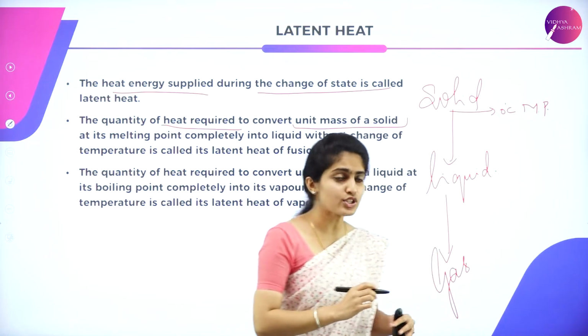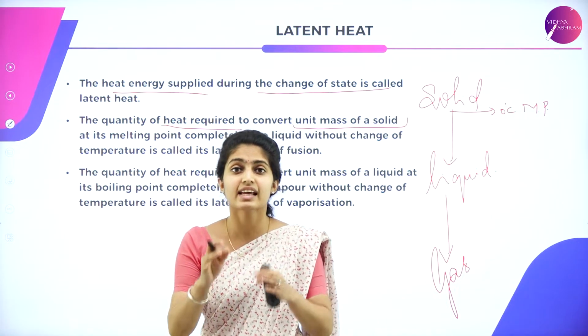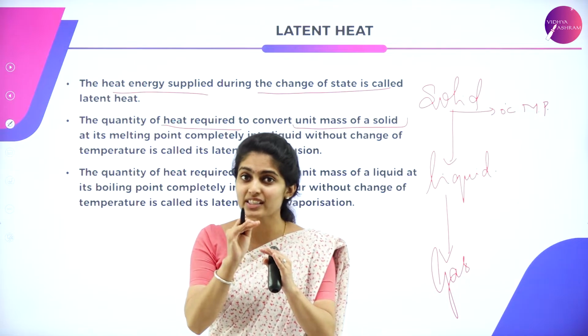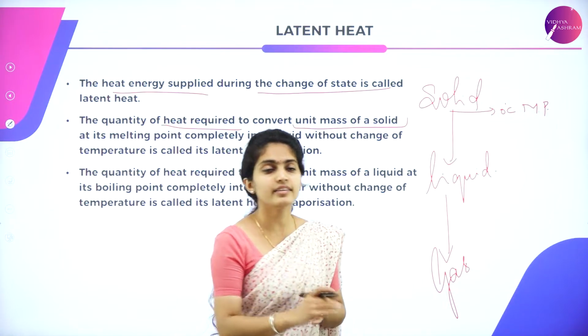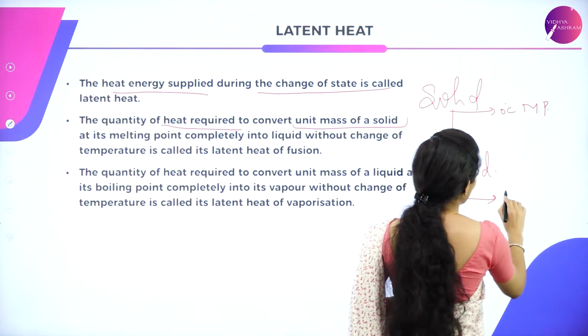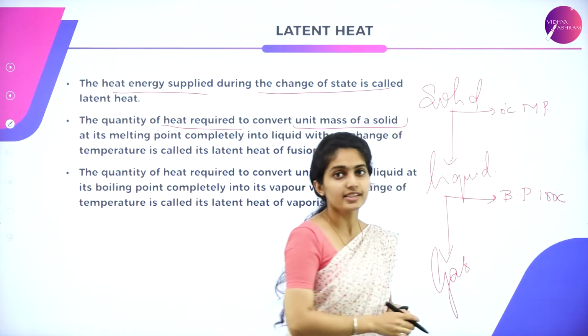When it transits from liquid to gas, it is at a point called the boiling point, after which the liquid starts vaporizing. That is at 100 degrees Celsius. So the boiling point is 100 degrees Celsius.